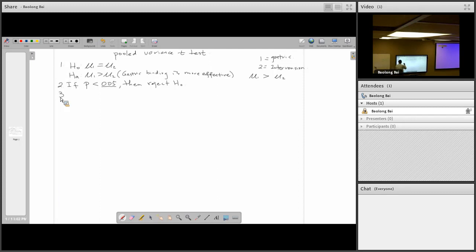So the test statistic for two sample t will be t-cal. The formula will be given to you on the test. x1 bar minus x2 bar divided by sp times square root of 1 over n1 plus 1 over n2. And then we plug in numbers, right?